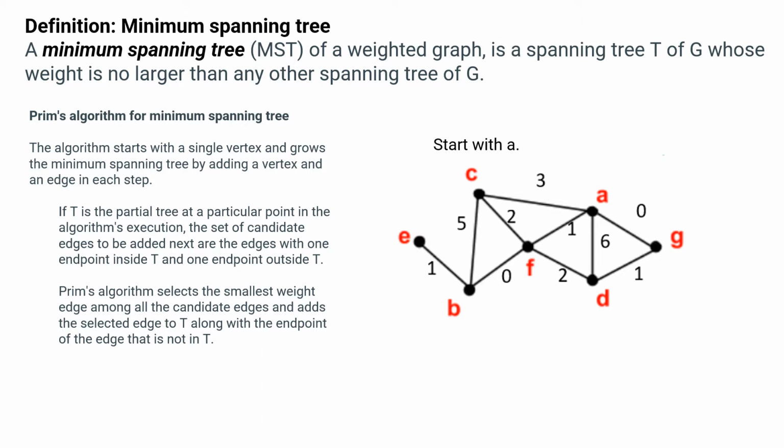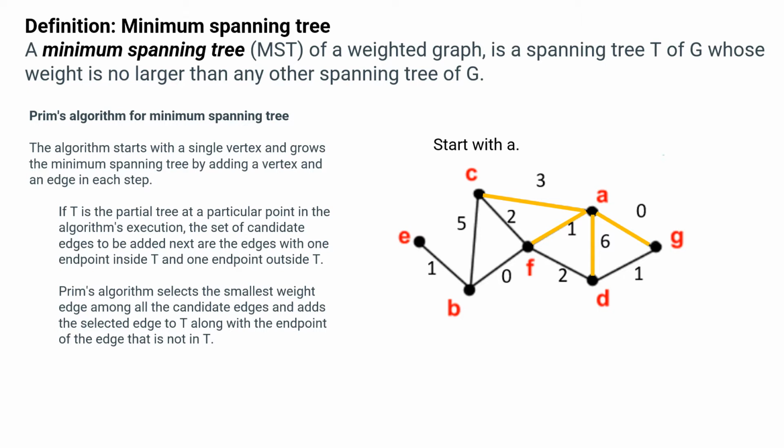So we can look at our possible, what we might call candidate edges. What are edges that we might possibly choose? We're not going to choose one yet, we're just going to look at possibilities. I've shown you there's 4 possibilities for an edge that we might add on, because we know that A is already in the tree.